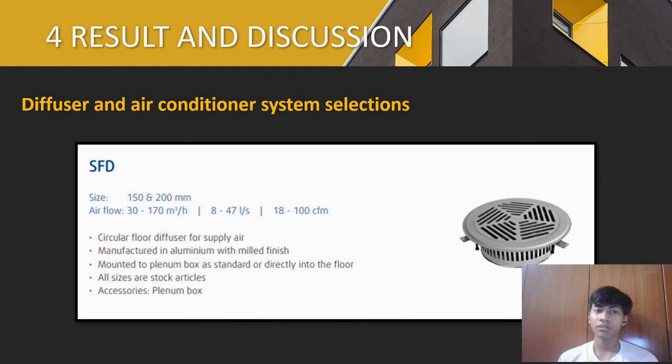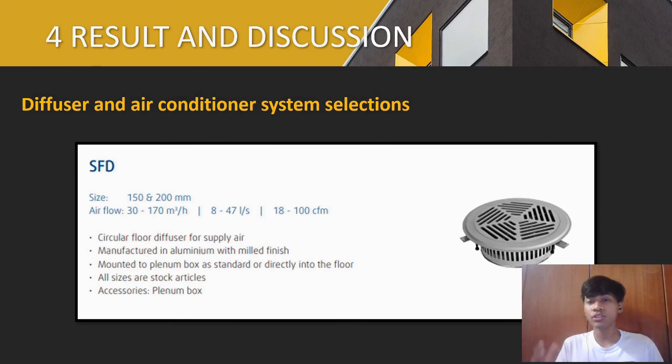For the diffuser and air conditioner system selection, for diffuser selection, we did some research and observations through several brochures. We agreed and decided to choose an SFD type diffuser, because the diffuser is round and its diameter is 200 mm. This diffuser is capable of accommodating CFM from 18 to 100.